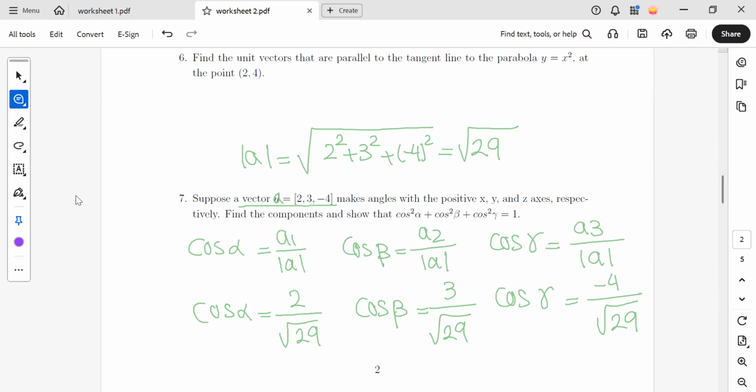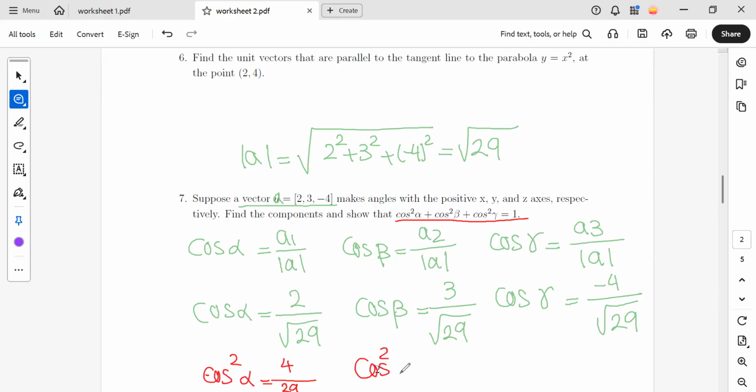Last part says, prove that these, if you find the square of them and you add them up, you get 1. Okay, let's say what is cosine squared of alpha? That would be 2 squared, which is 4, over square root of 29 squared, which is 29.